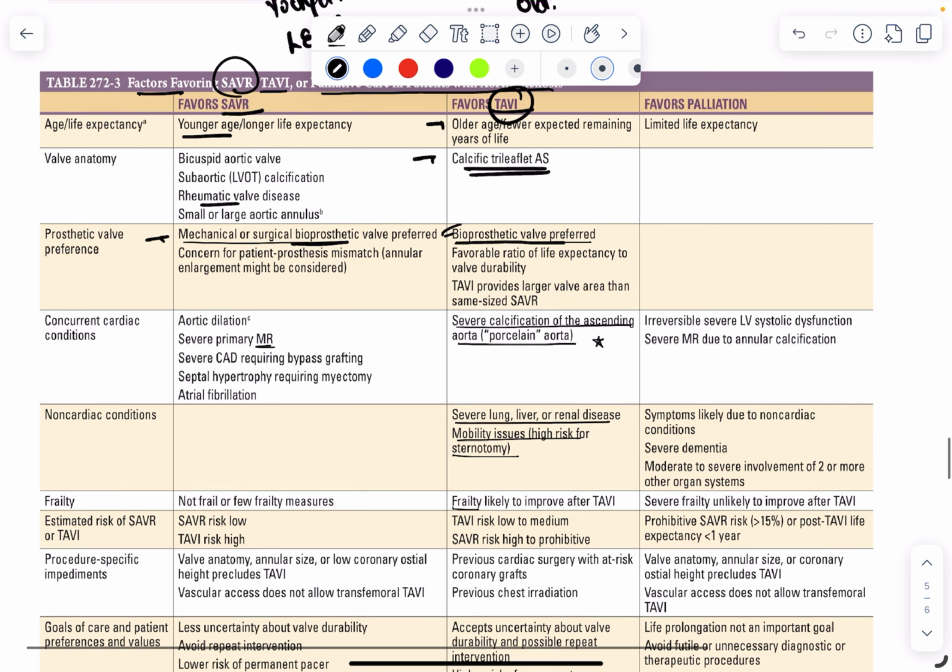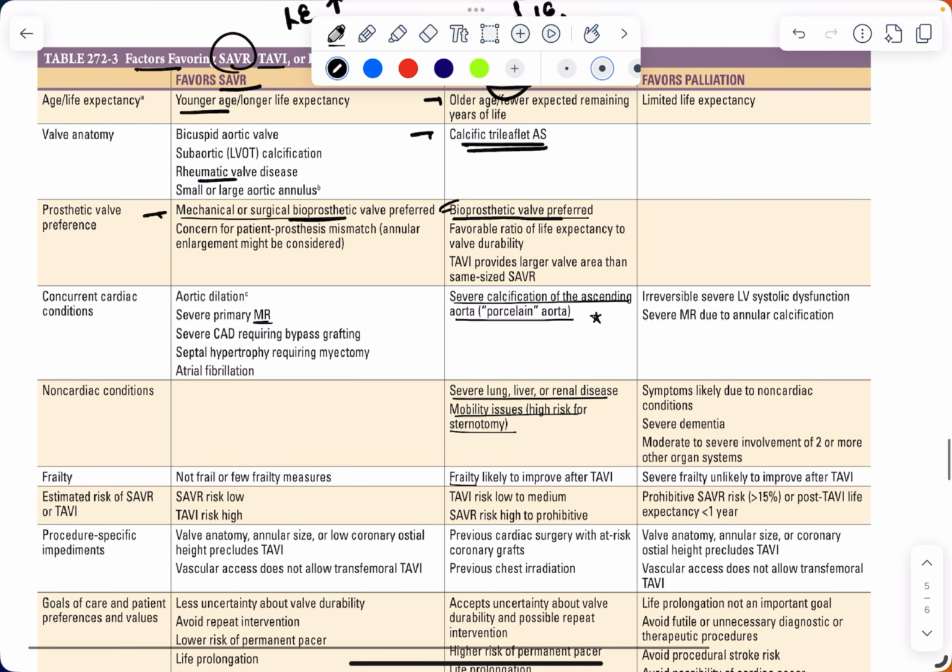And if there are any concurrent cardiac conditions, like mitral regurgitation, or severe coronary artery disease, or if there is a requirement of any other surgery per se, then if we are going for surgery, it is better to let the patient have surgical aortic valve replacement.